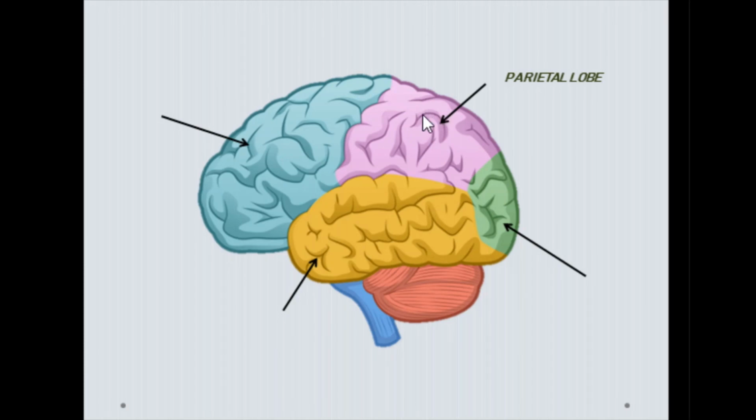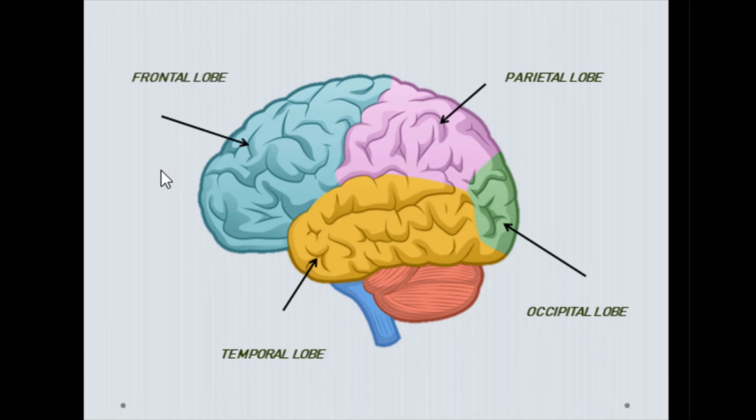How about the next lobe? Let's try to see. Occipital lobe. Either of the two. Let's have this one. The yellow one is the temporal lobe. Temporal lobe. And what do you call this blue-green colored lobe? Alright, very good. It is the frontal lobe.